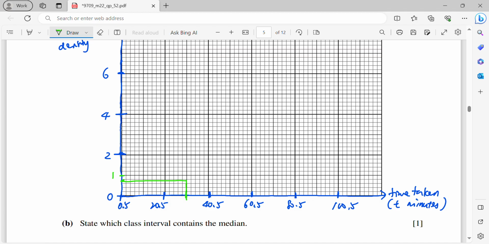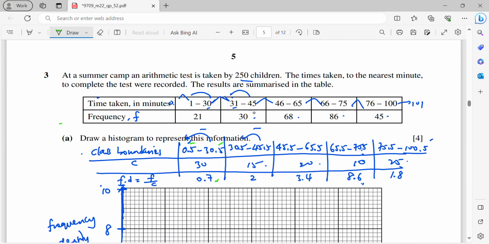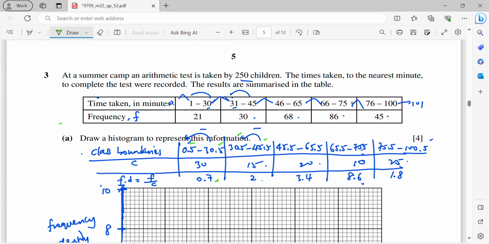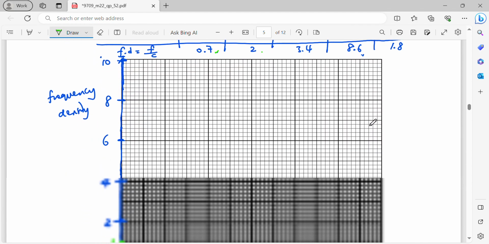And then my second bar is 30.5 to 45.5, and the height is 2. Here is 50.5. Therefore, 45.5 will be in the middle. That means it's here, and the height is 2. Now the next one is 45.5 to 65.5.